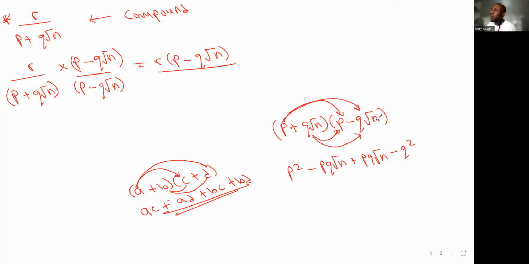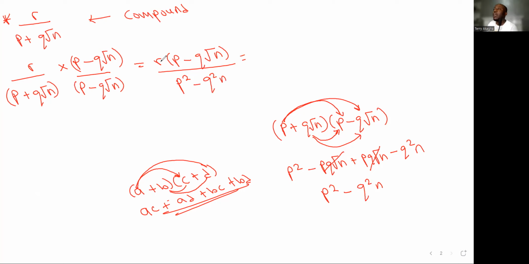Root n times root n will give you what? n. So minus pq root n plus pq root n will cancel out, giving 0. So you're going to have p squared minus q squared n.